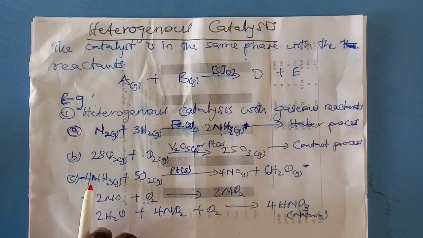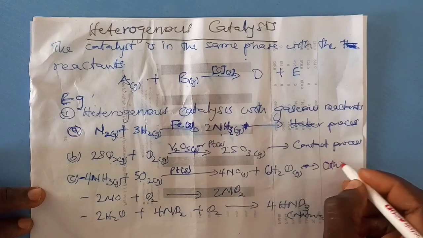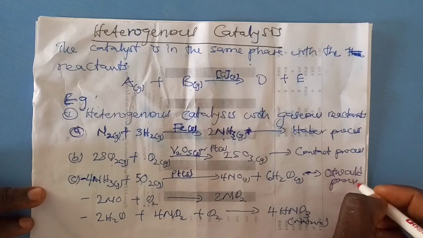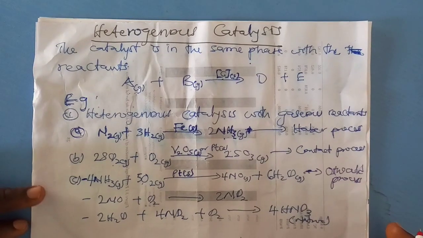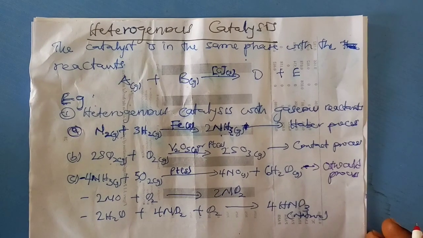You also have the Ostwald process, which describes the industrial preparation of nitric acid. Actually, there are three steps in this process, but one of the steps is very key. The Ostwald process is the continuation of the Haber process. What you get from the Haber process is ammonia. If you further oxidize ammonia, you are going to have nitrogen oxide and water.